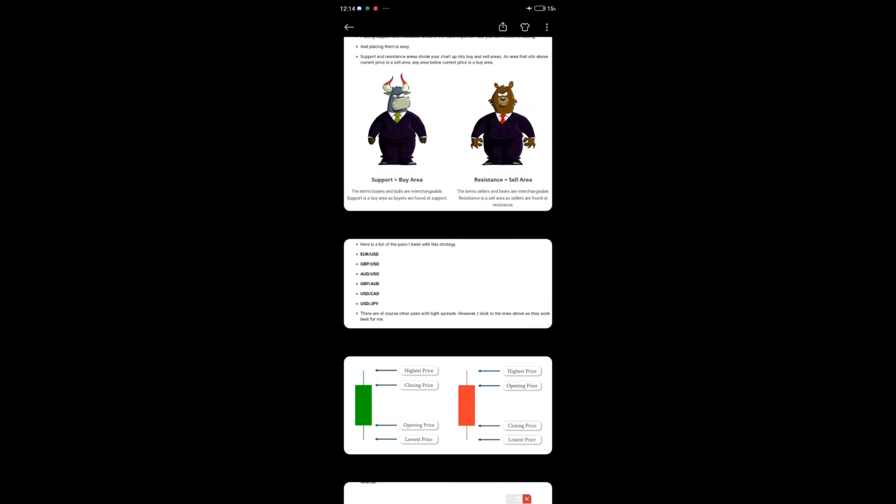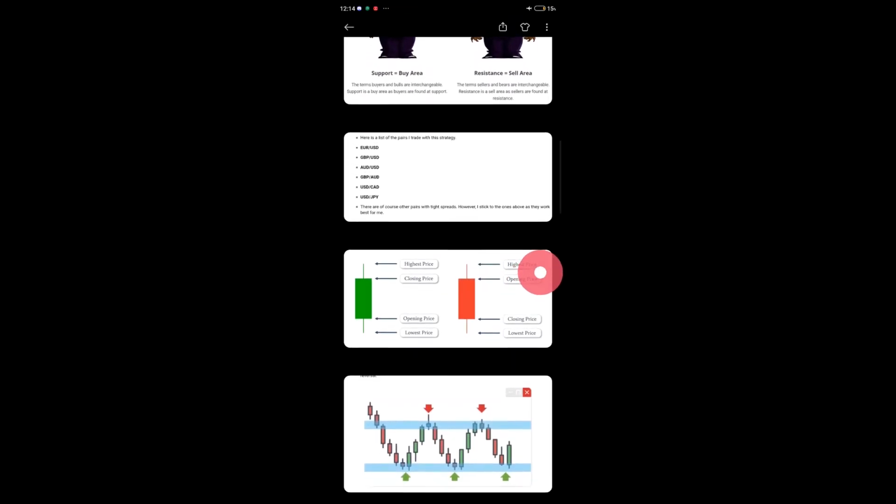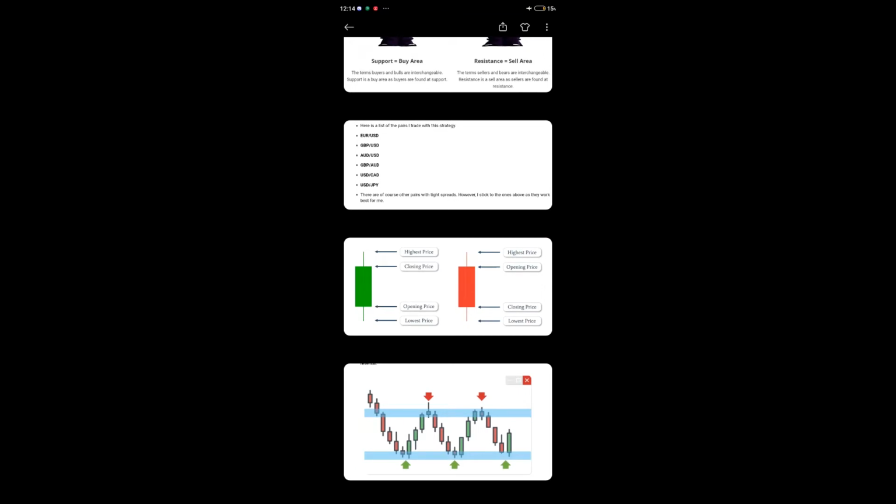And first of all, before placing the support and resistance area, you need to understand how candlesticks work and the story that they tell. Basically, the green candlestick here is called a bullish candlestick, and this red one is called a bearish candlestick.